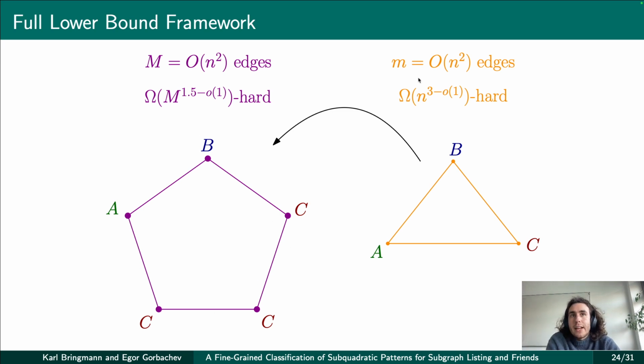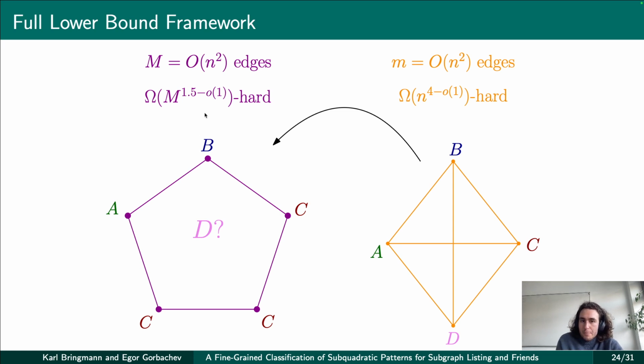The initial graph had n² edges, and our embedding asymptotically preserved this number. So if the minimum weight triangle cannot be solved faster than n³, then our problem cannot be solved faster than m to the 1.5. We would like to go further with our embeddings and, for example, embed a 4 clique into our cycle. However, how to do that?